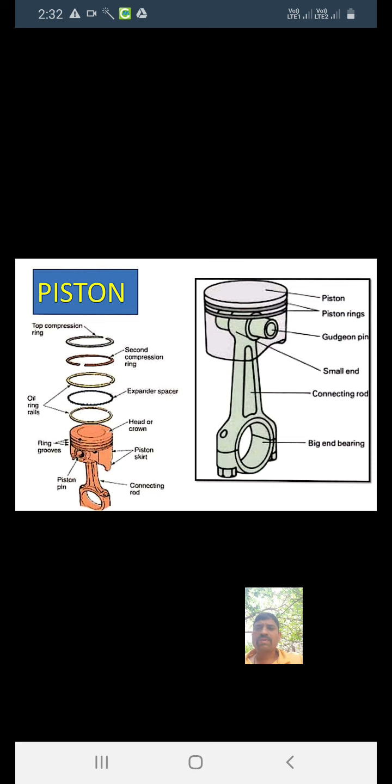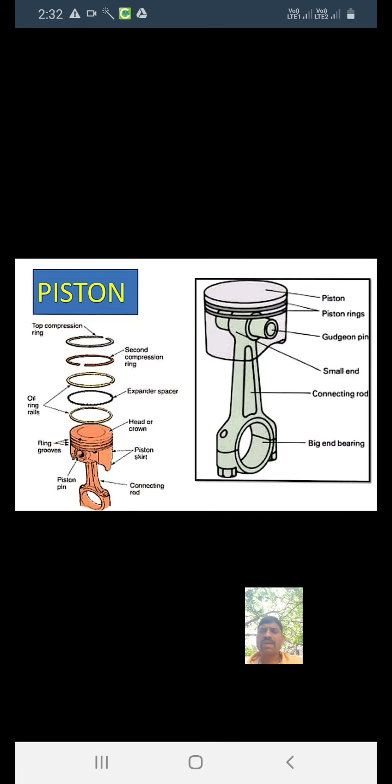See the main parts of the piston: piston ring, gudgeon pin, small end of the connecting rod, and the big end bearing. The pistons used in IC engines are usually of the trunk type, which are open at one end.